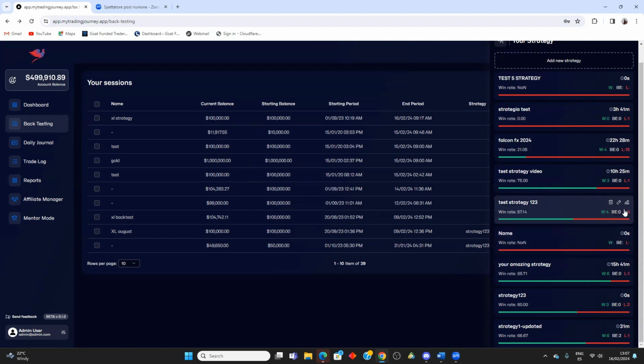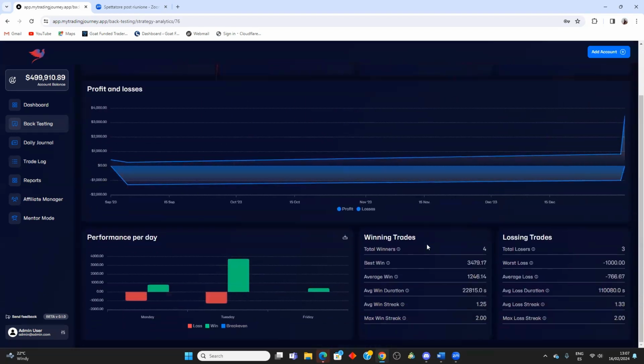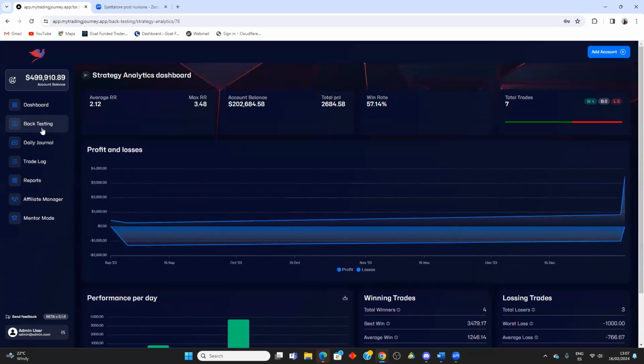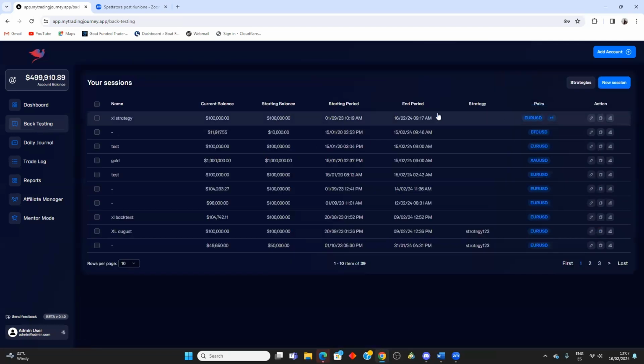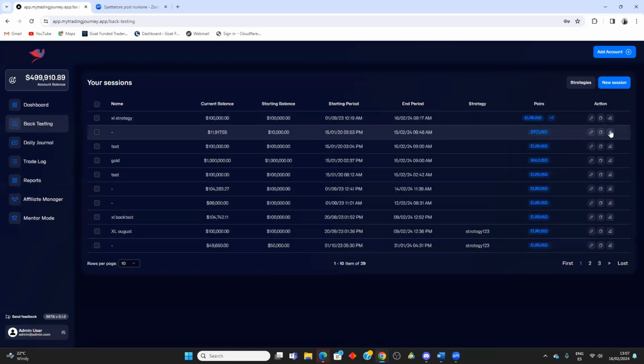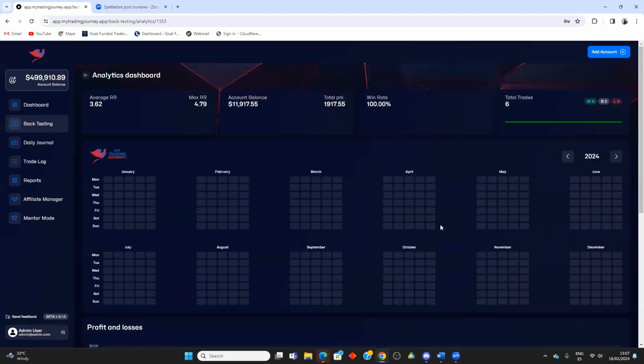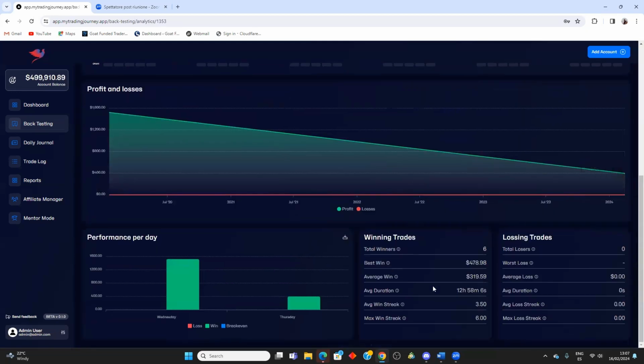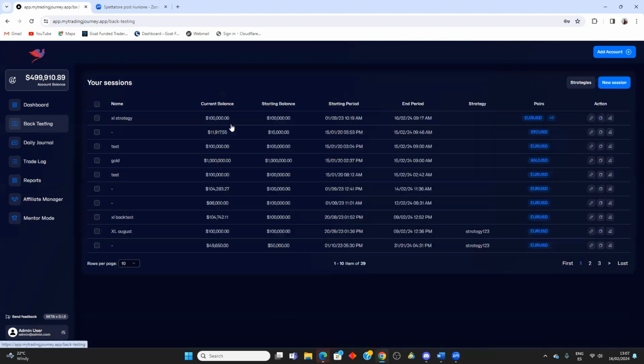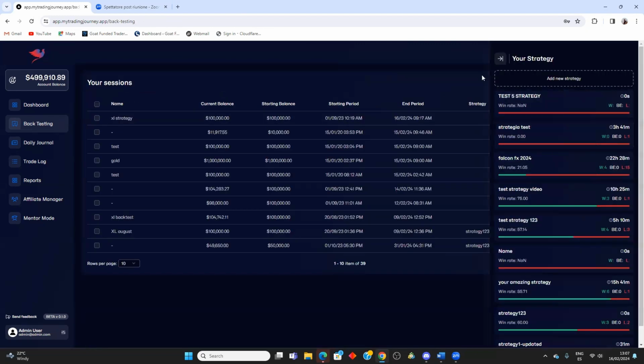So for example, here, this strategy has, I don't know, 4 wins, 3 losses, 0 break-evens. We're going to go on the statistics. We can see the statistics of the strategy. Instead, here you can see the statistics of the single backtest session. So for example, here, these are the statistics of the backtest session. Instead, on the other one, you can see the statistics of the strategy.